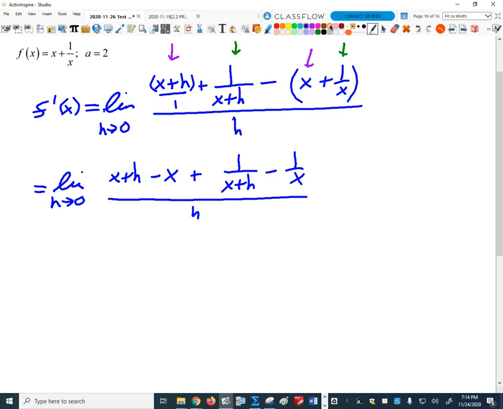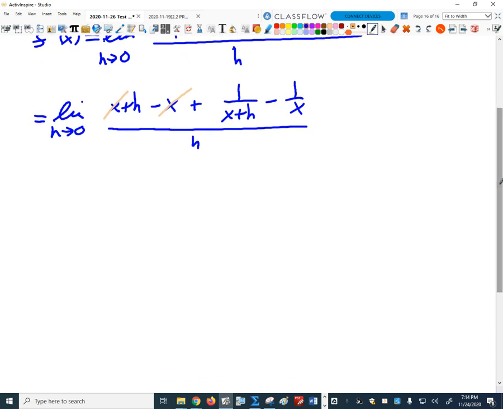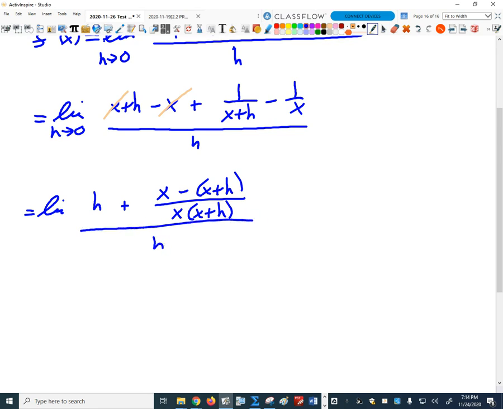So right away we can see that those guys cancel. That's good. And then here I'm going to multiply this one by x over x and this one by x plus h over x plus h, right? And so we're going to end up with x minus the quantity x plus h over the common denominator, x times x plus h, all over h.